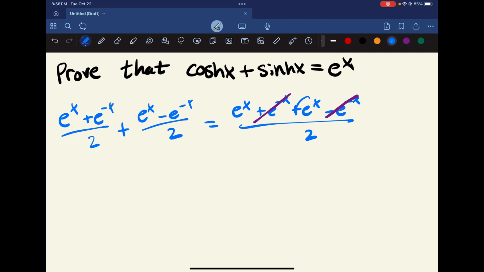And these two e to the x's combine to give you 2 e to the x, right? Because e to the x plus e to the x is the same thing as 2 times e to the x, all divided by 2, and then these two 2's cancel out to give you e to the x. So that would prove that identity.